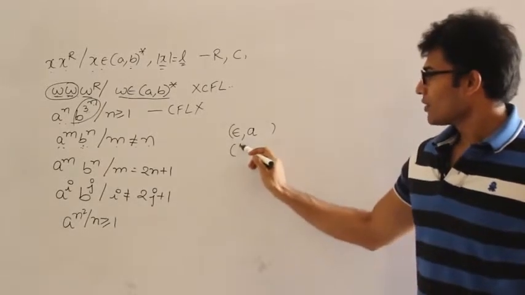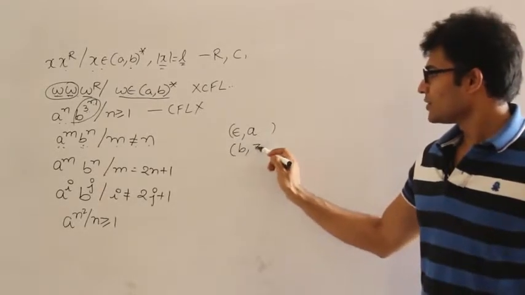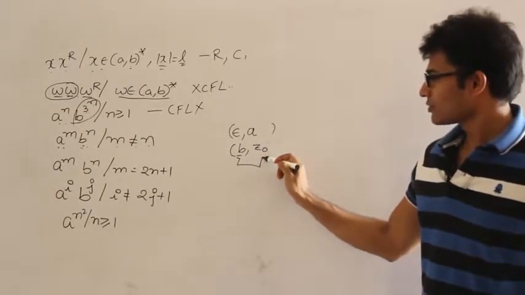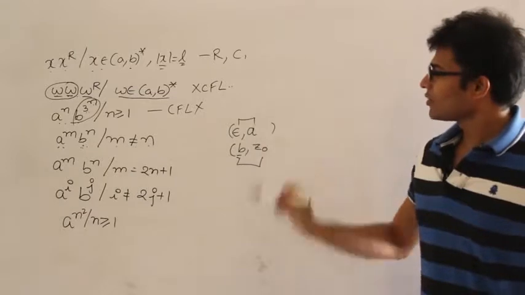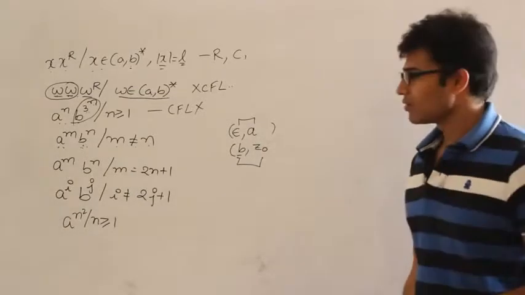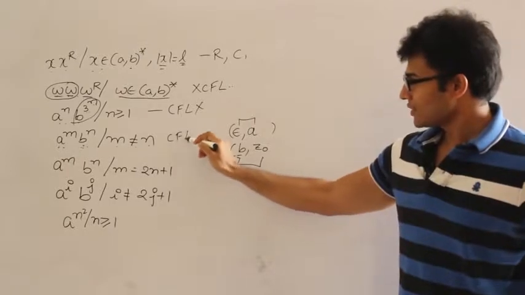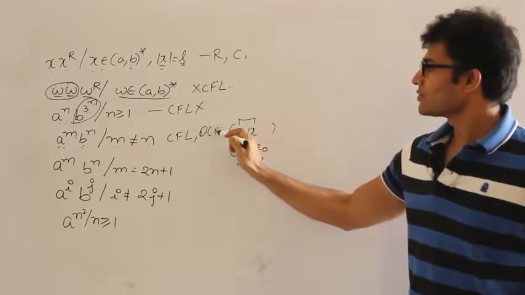Or if b's are remaining and if you reach z0, this indicates that b's are more, and this indicates that a's are more. You could easily do that. So definitely this is context free language, and moreover it is deterministic context free language.